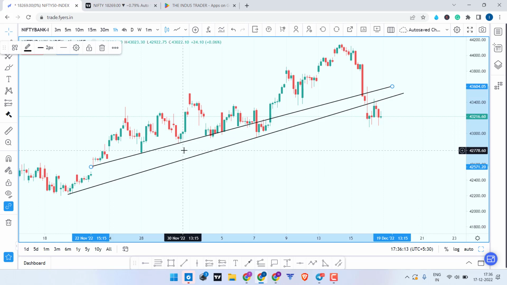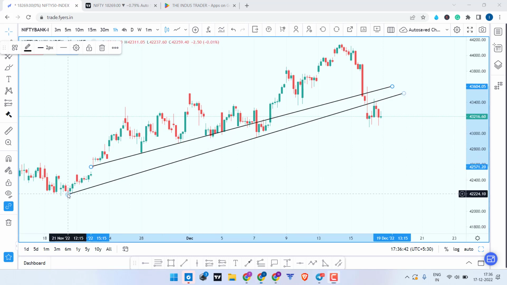The reason is I want the maximum number of touches. You can see we have a number of touches on this particular line. So the key important point I want to make is to draw a trend line in such a way that it touches the maximum number of points.